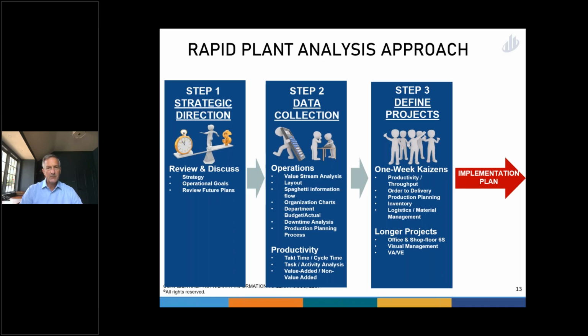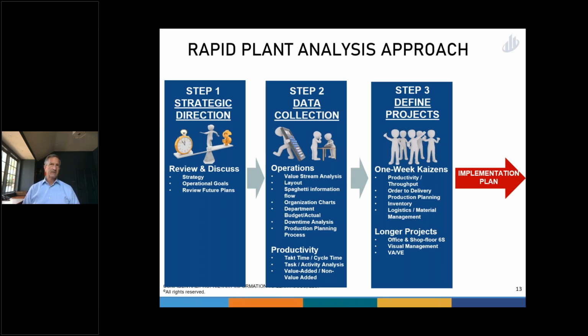Those might focus on productivity and throughput, order to delivery, production planning, inventory, logistics, material management, any things from the observations that we see that are going to lead us to improve those metrics that you're trying to improve. And there may also be a couple of longer-term projects identified, general 6S opportunities, or visual management in the plant, or value engineering.